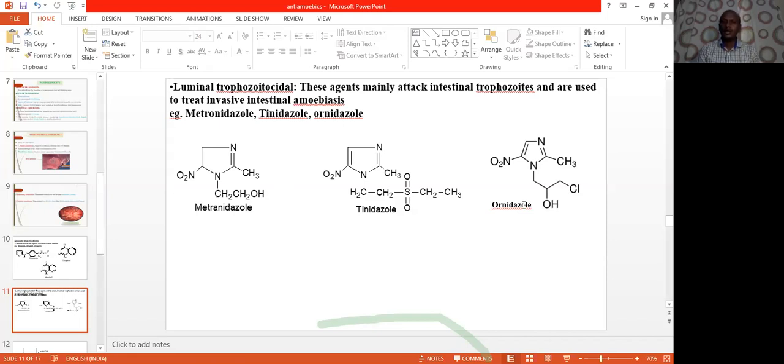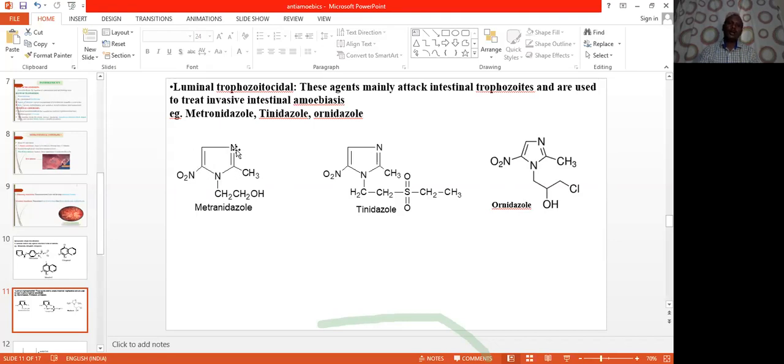So you write down these structures, and what is common to all of them is that they are imidazoles. You have the imidazole with a nitro and methyl group, but the alcohol portion changes in all three cases. So these are 2-methyl-5-nitroimidazole derivatives, numbering 1, 2, 3, 4, 5.